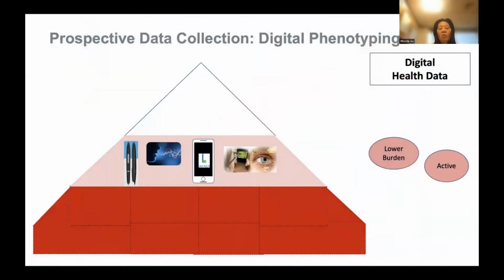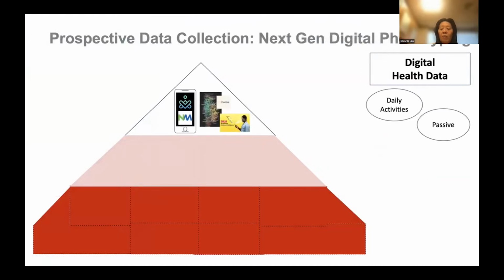So where we've been is collecting data in the traditional way, but where do we need to go? We really are moving into digital technology, some of which will be discussed during the rest of this webinar. They do bring lower burden into engagement. But as I mentioned, we really need to move this into passive engagement technologies. Other presenters in this webinar are going to introduce you to some of those concepts.